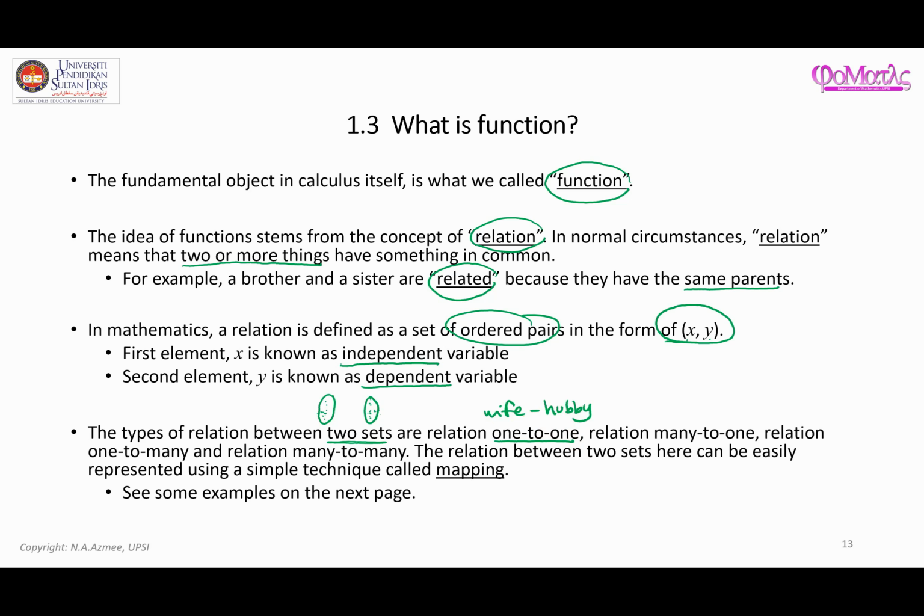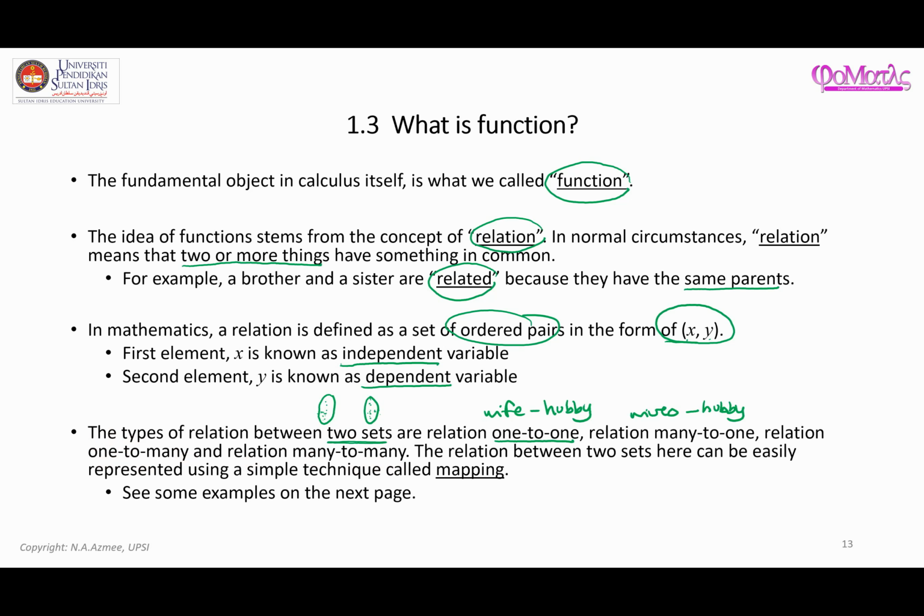The two sets here can also have a relation that is many to one, so it can be wives and husband, and it can also have a relation of one to many, for example, mother and children, and many to many. You can think of an example on your own, I'm sure.